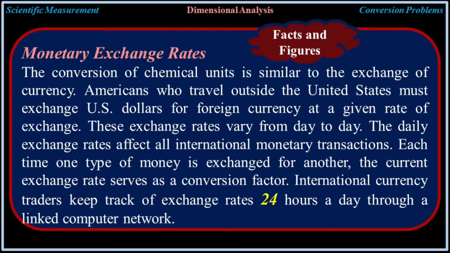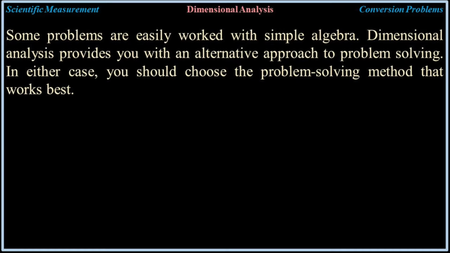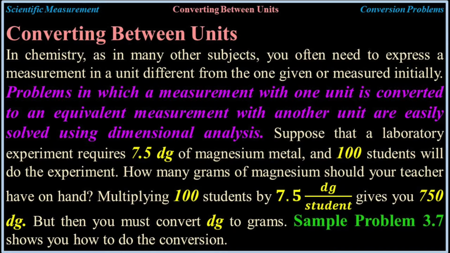Each time one type of money is exchanged for another, the current exchange rate serves as a conversion factor. International currency traders keep track of exchange rates 24 hours a day through a linked computer network. Some problems are easily worked with simple algebra. Dimensional analysis provides you with an alternative approach to problem solving. In either case, you should choose the problem solving method that works best.